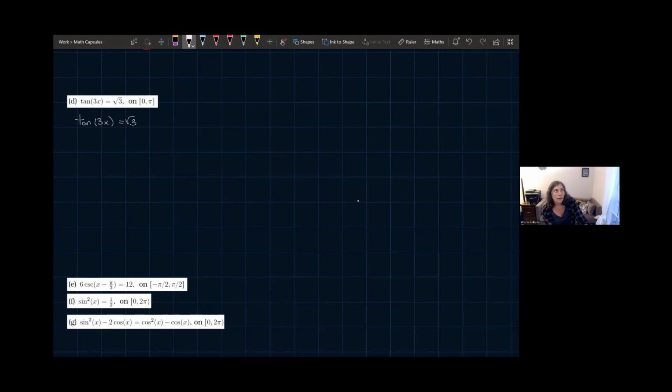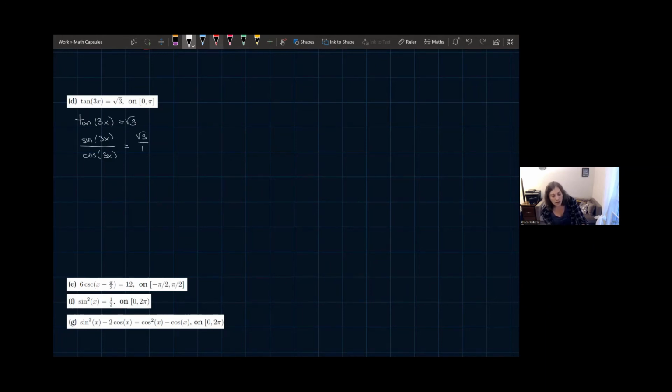How do I know when that happens? Well, I know it's going to be a solution that I've learned. So on my unit circle, a square root of 3 only shows up in the multiples of pi over 6. If a square root of 3 is showing up, that means that it's root 3 over 2 and 1 over 2. Now remember that tan is sine over cosine. And the root 3 here we could think of as root 3 over 1, so that I have a fraction.